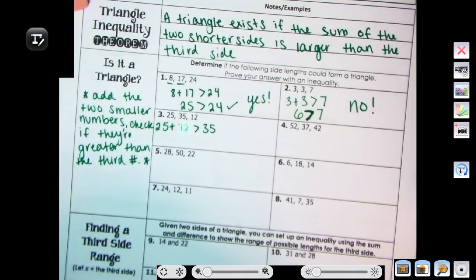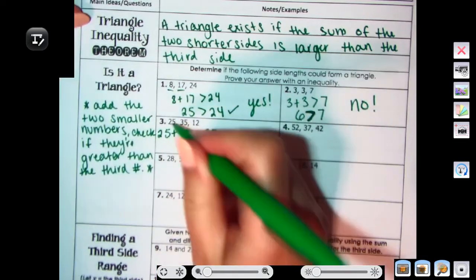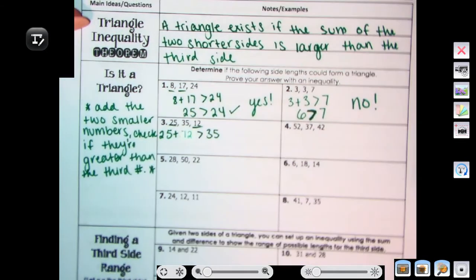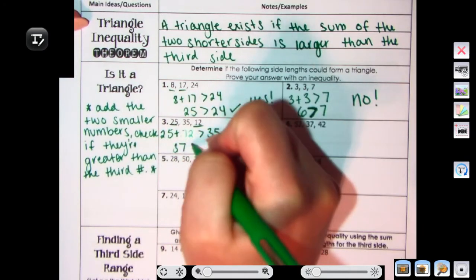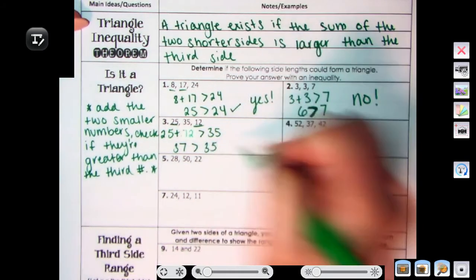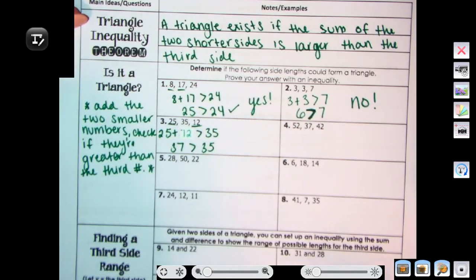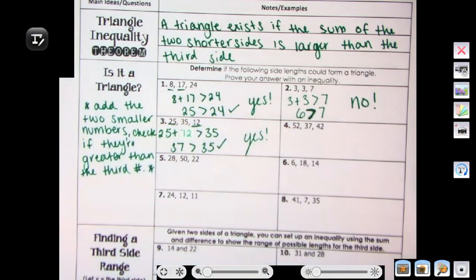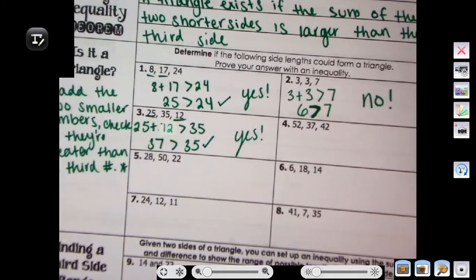So just 25 plus 12, because those are the two shorter sides. Does that give me something that's greater than 35? So is 37 greater than 35? Yes, it is. So yes, those would form a triangle.